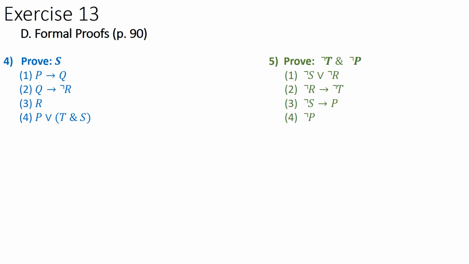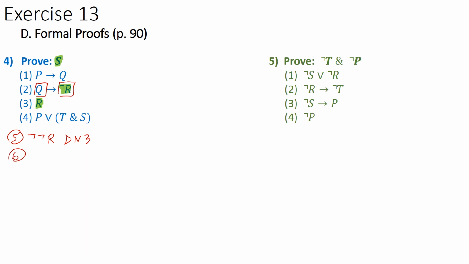Turning to page 90 of the Suppes and Hill textbook, let's now work on 2 problems, number 4 and number 5. Number 4, we want to prove that S is the case given 4 premises. Premise 3 tells us that R is the case, and R happens to contradict not R, and not R is a consequent to a conditional. And so for line 5, we'll double negate. We'll say not R by the double negation of line 3, and then we can deny this consequent to thereby deny this antecedent.